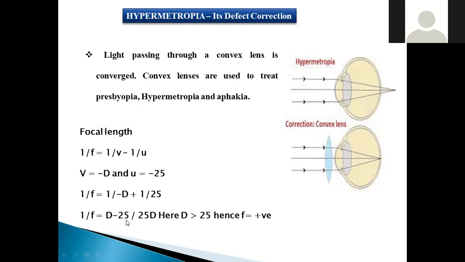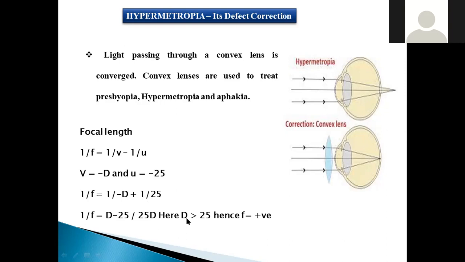So 1 by f = 1/d minus 1/25. When we take the LCM, it becomes (25 - d) by 25d. So after calculating, 1 by f is given by (d - 25) by 25d.